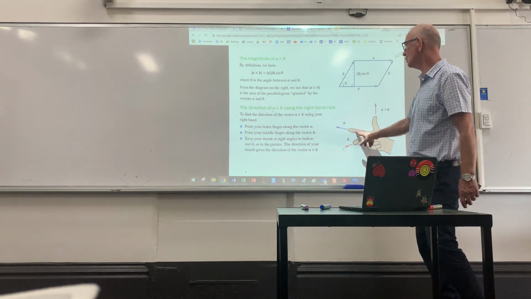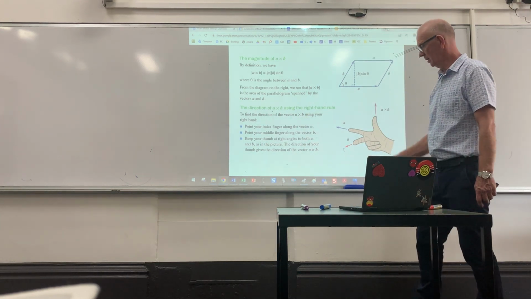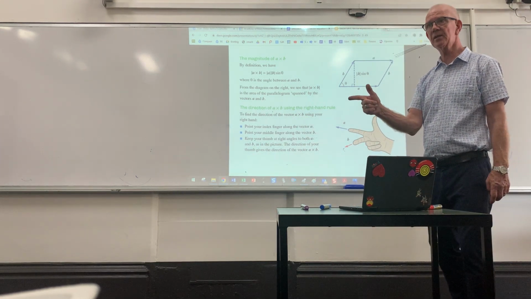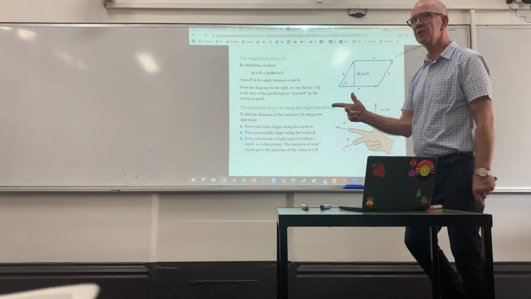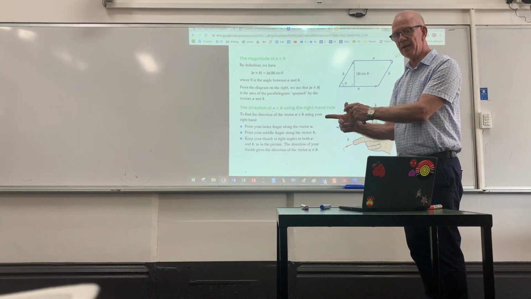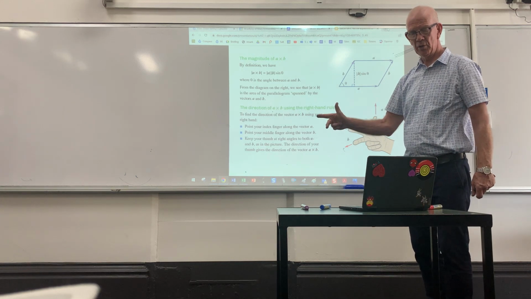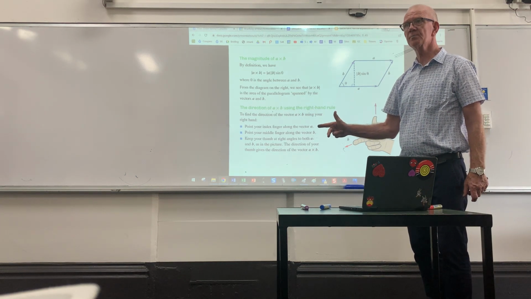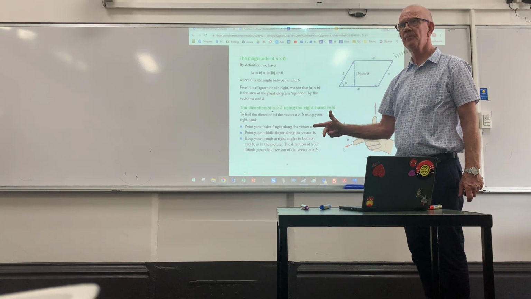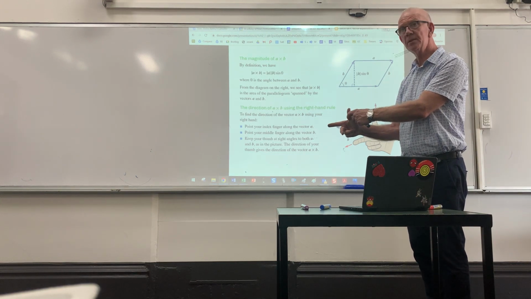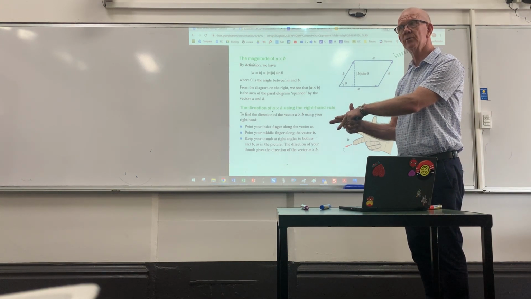The direction of A times B, we can use our fingers. We point the index finger towards the first vector, the second finger towards the second vector, and the thumb will tell you the direction of the cross product. And it will be perpendicular to the other two.